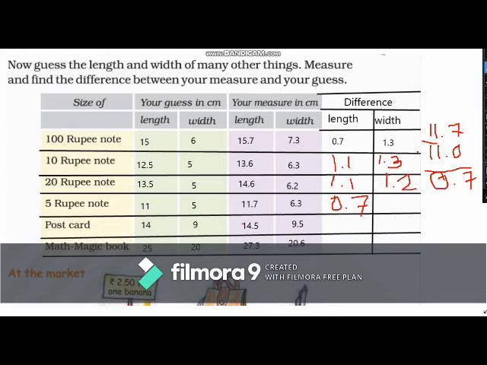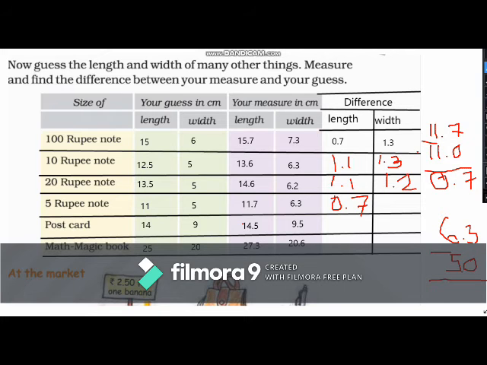Now let us find out the difference in width. 6.3 minus 5. Here also we have to put a decimal point, and after the decimal point 0.